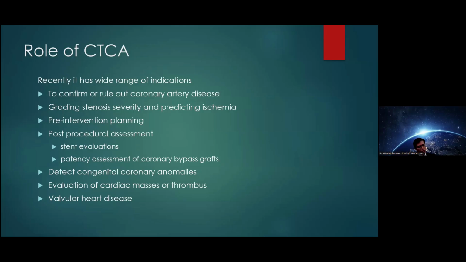CT is also used for pre-intervention planning, such as before invasive coronary angiogram or pre-CABG. CT can also be used to evaluate stents to look for in-stent stenosis. It can also detect congenital coronary anomalies, look for cardiac masses or thrombus, and also for valvular heart disease.